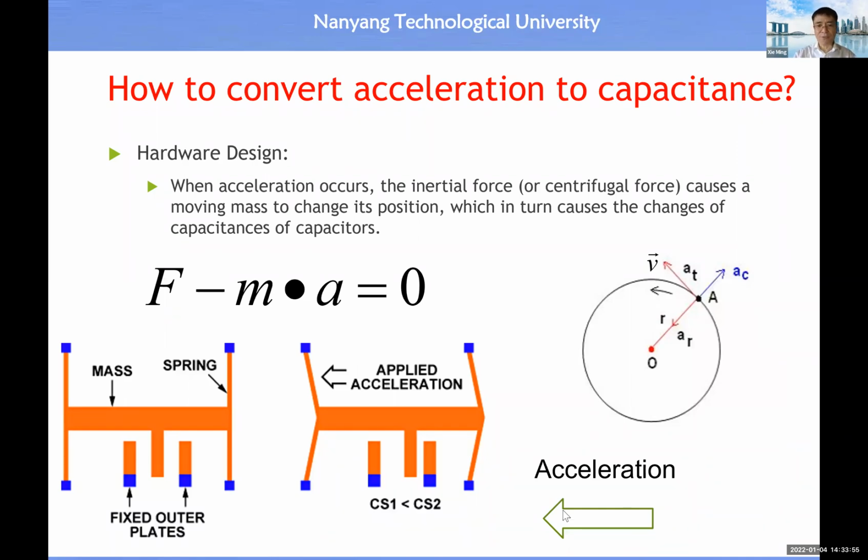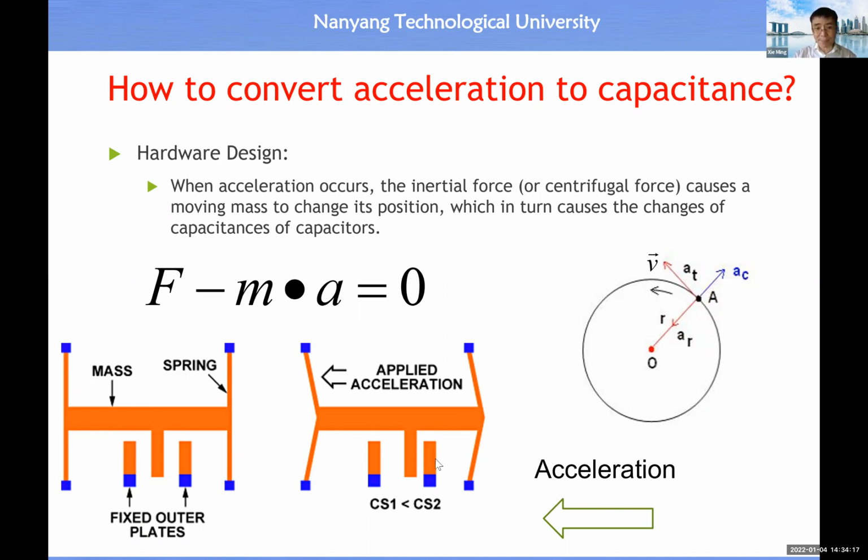Okay, so here, for example, we have an acceleration. This acceleration could be linear acceleration or radial acceleration or centrifugal acceleration, all right? So then we have this mass, okay, to pick up the induced force, okay? Then in this case, this mass will move toward the opposite direction of acceleration, okay?